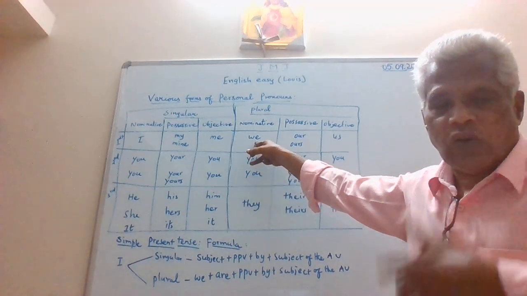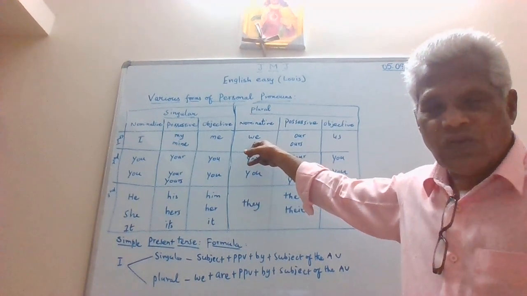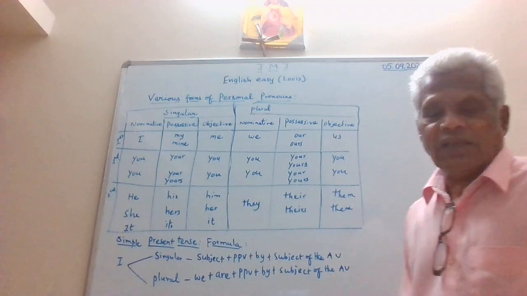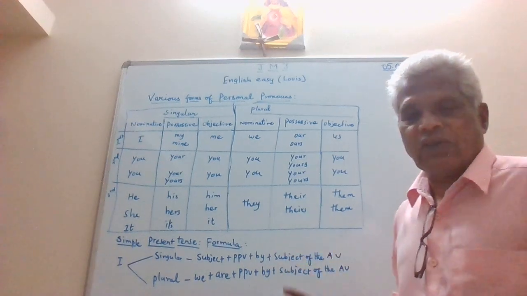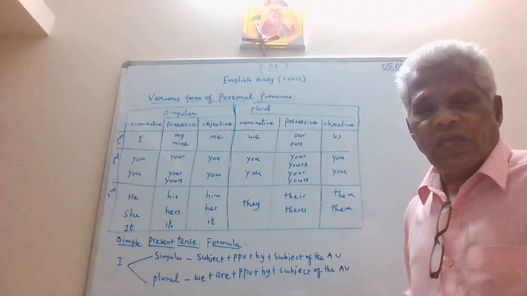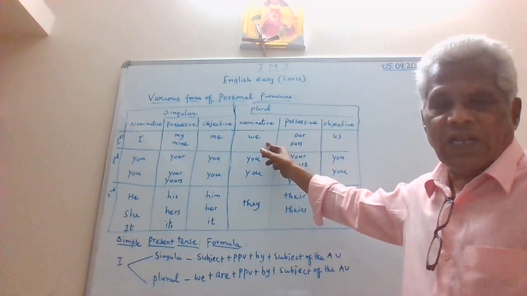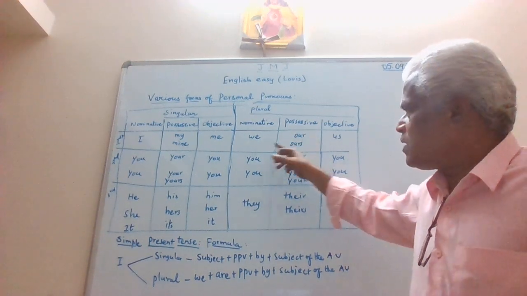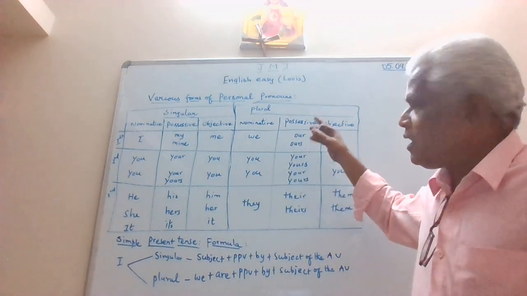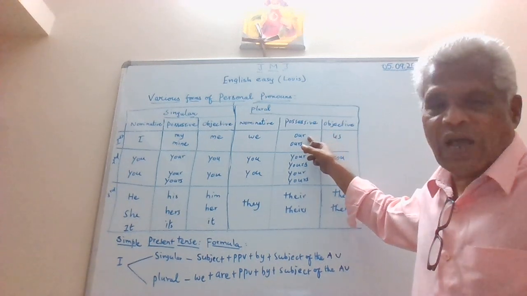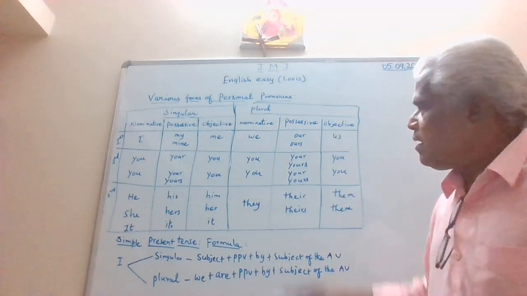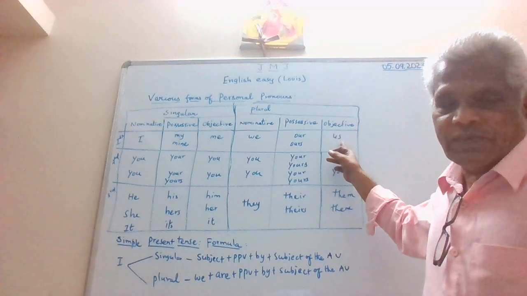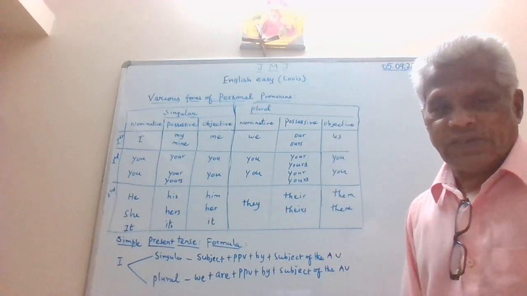You can go through this whenever you are free while you are watching my video and look at how they are changed. So we, in possessive case, becomes our and ours, and in objective case it becomes us.